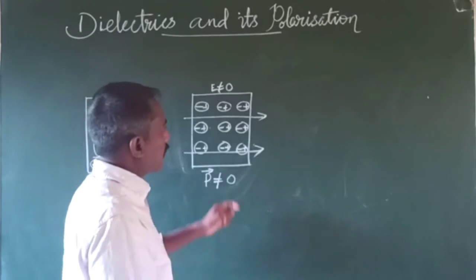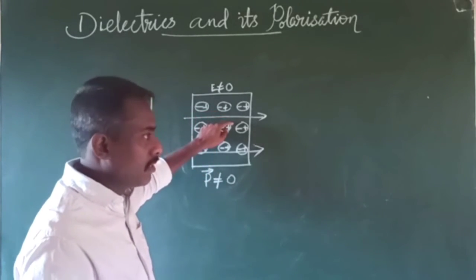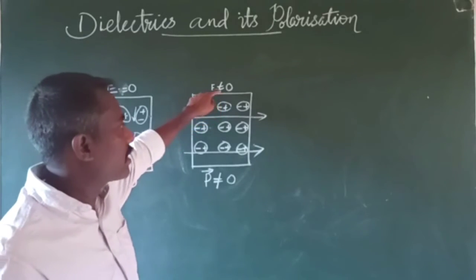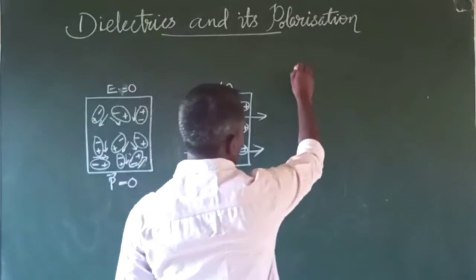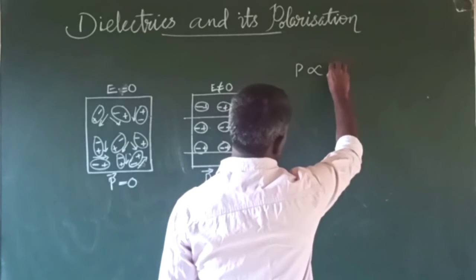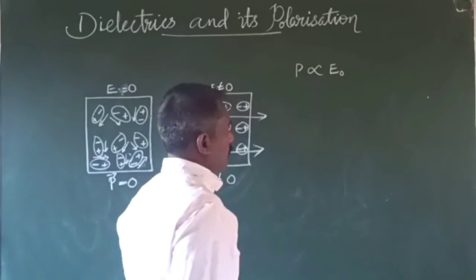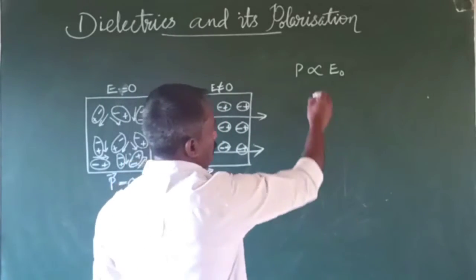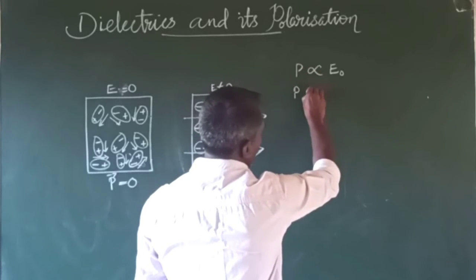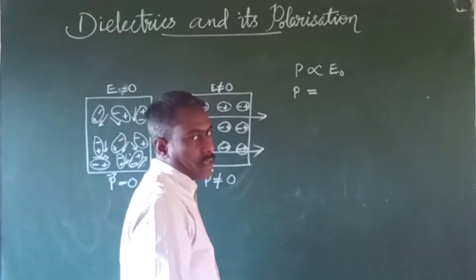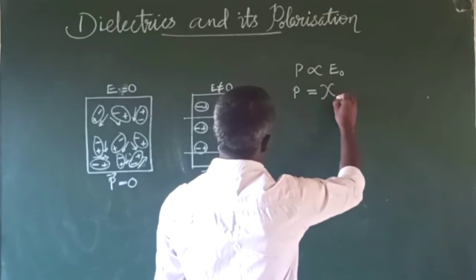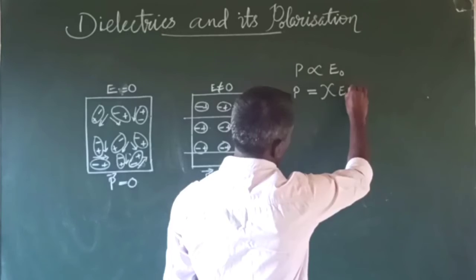We have that the polarization of the dielectric is directly proportional to the electric field applied. So P is proportional to the electric field E0 applied here. To remove the proportionality sign, we need to multiply by a constant, and that constant is psi times epsilon naught, written as psi into E0.